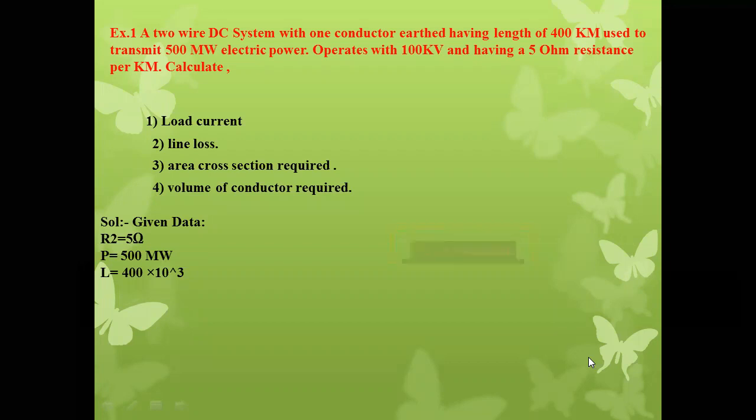If it is a copper conductor, then 1.72 into 10 to the power of minus 8 ohm per meter is the value to use for rho. I have told that it is ACSR, aluminium conductors, so we have to consider the value for rho equal to 2.8 into 10 to the power of minus 8 ohm per meter. So calculate it fast.